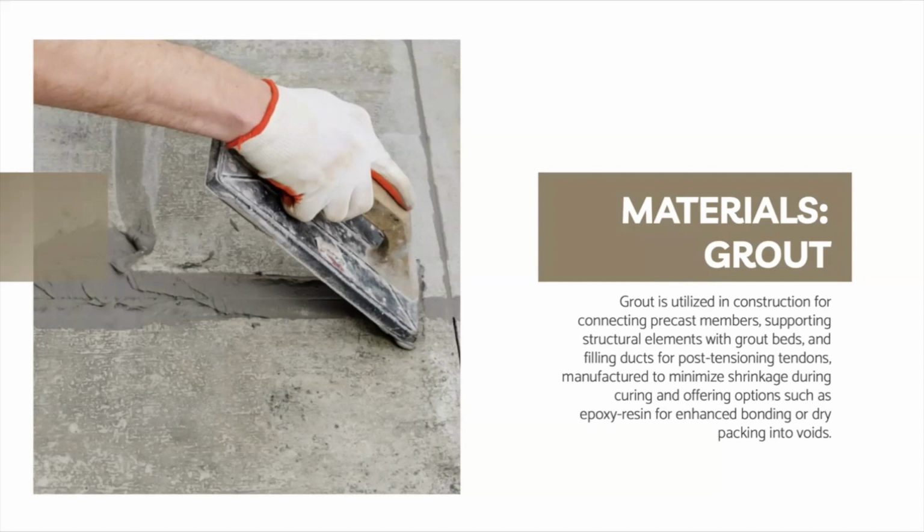It's manufactured to minimize shrinkage during curing, ensuring it doesn't contract within filled voids. Epoxy resin grout enhances bonding or tensile capacity, and grout can also be dry packed into voids instead of being poured or pumped as a fluid mixture.